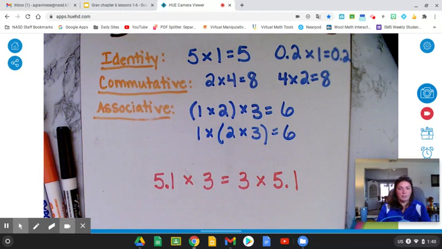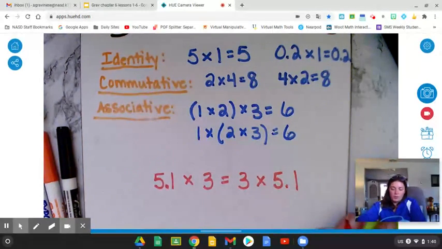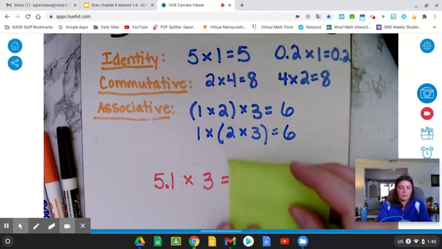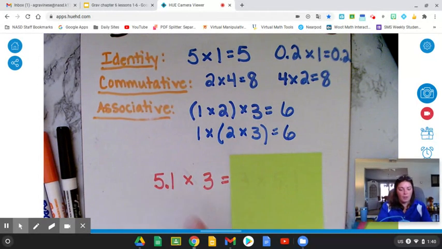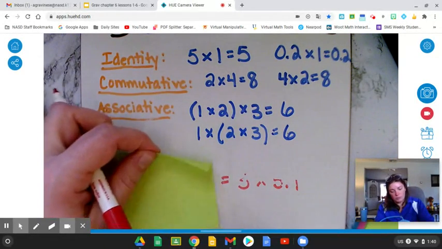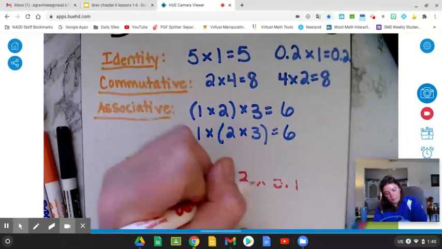Okay, so let's take a close look at this. I do have an equal sign. This is an equation. So I want to study what's on one side of my equal sign. I have 5 1/10 times 3. What's on the other side of my equal sign? Oopsie, nothing right now.